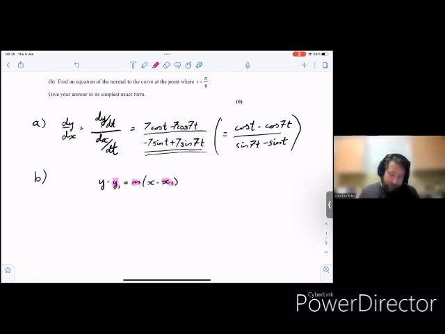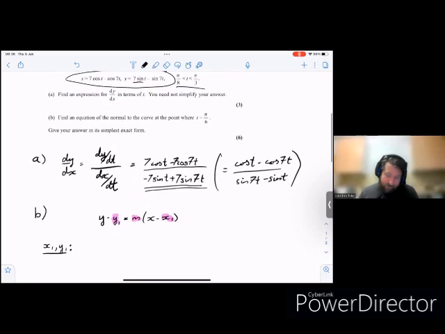So let's first work out x1 and y1. Now, we've been given that t is pi over 6, so we use the original formula that's given to us at the top. So x1 will equal 7 cos pi over 6 minus cos 7 pi over 6.